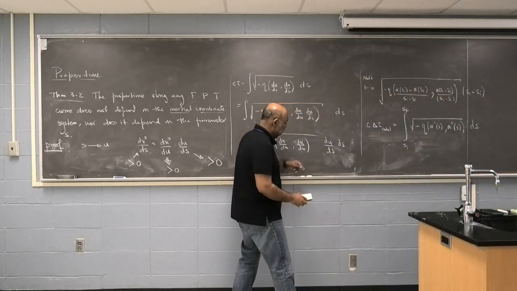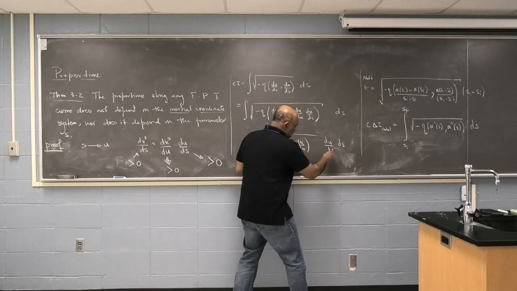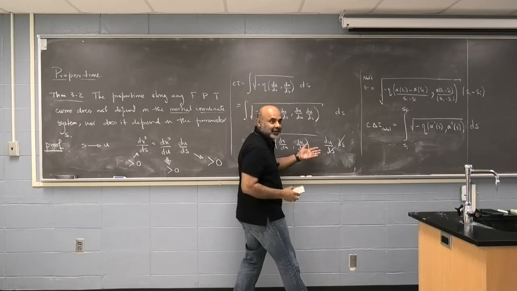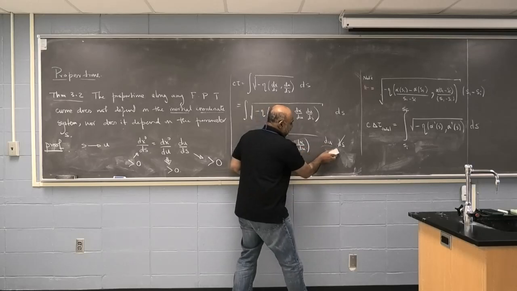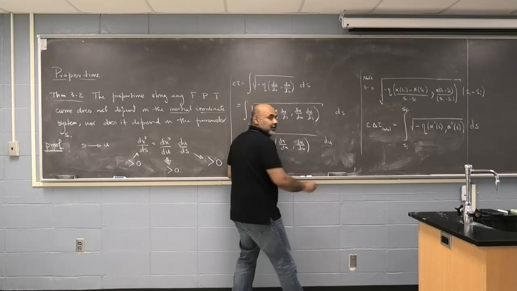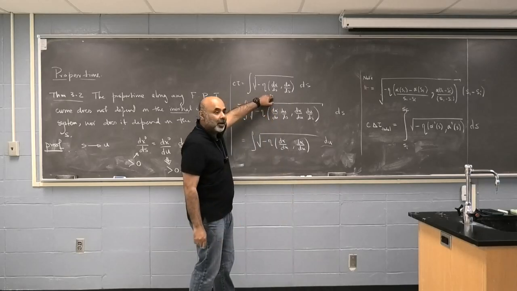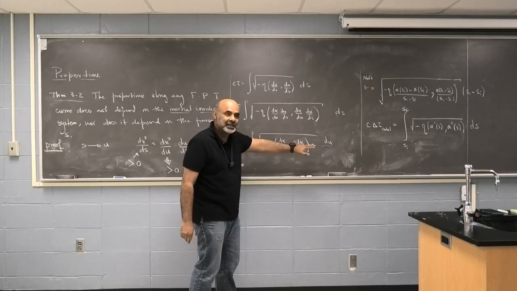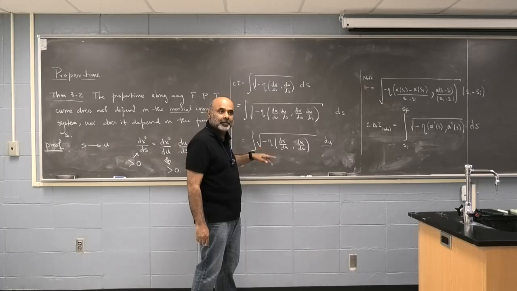Once you're done copying, it's the next line. I'm not dividing. So I started off with the parameter s, and in the u parameterization, the expression is exactly the same. Kind of neat, huh?